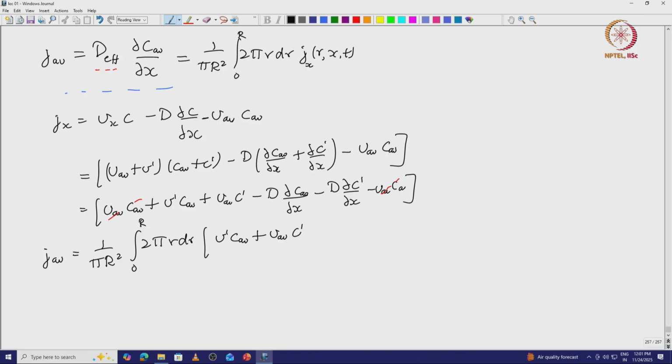I have missed out a term here, so let me include that. You can see that V average plus V prime into C average plus C prime gives V average C average, V average C prime, V prime C average, so I have to have another V prime C prime over here. So, plus V prime C prime minus D partial C average by partial x minus D partial C prime by partial x.